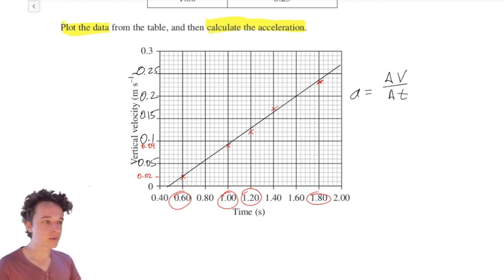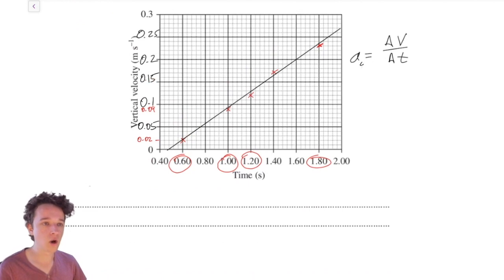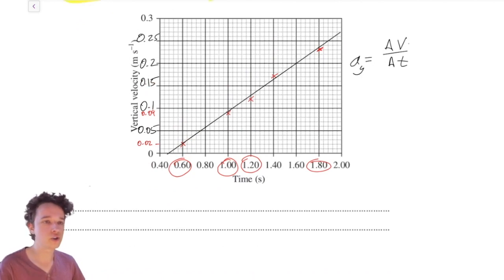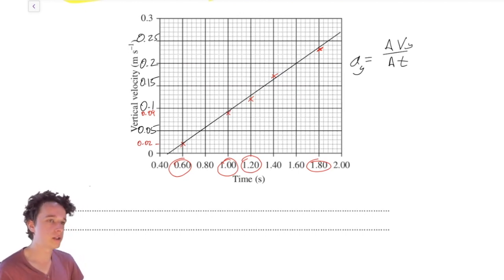On the y-axis we have vertical velocity, and on the x-axis we have time. If we're finding the acceleration in the y component, all that matters is the change in velocity in the y component. Obviously we're trying to find a value for the acceleration due to gravity, and so we're only going to be considering ay. We're not going to be considering any ax, as is standard for HSC physics.